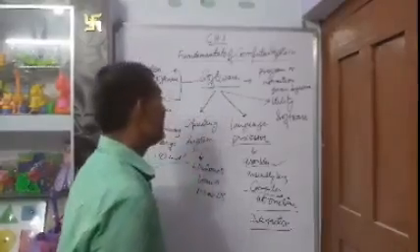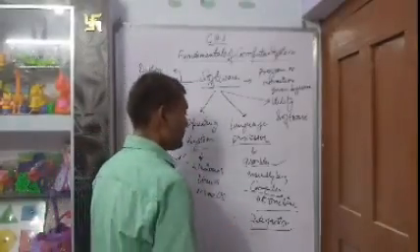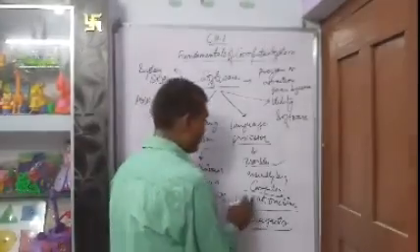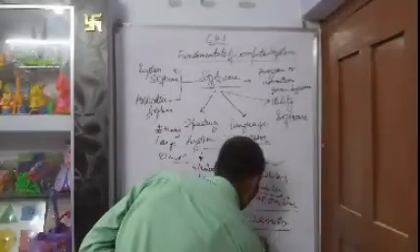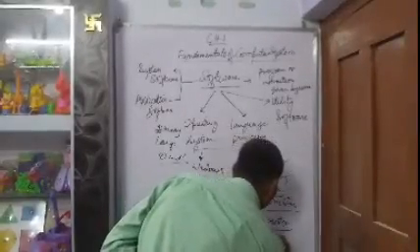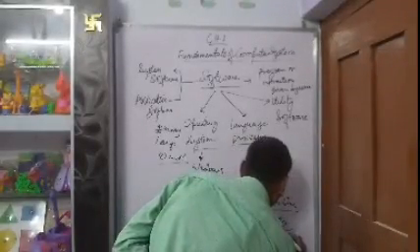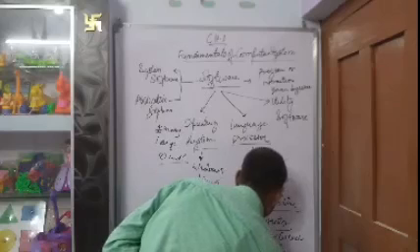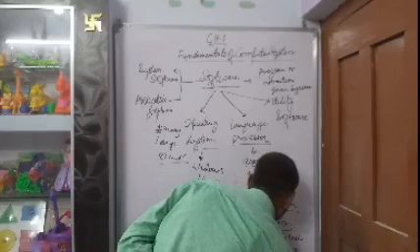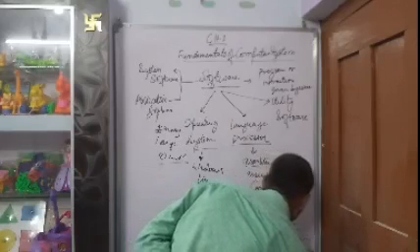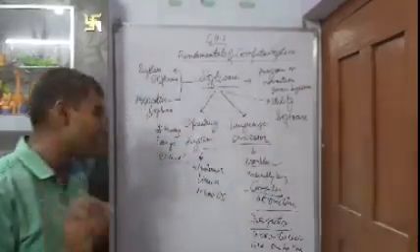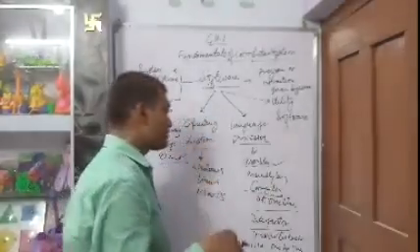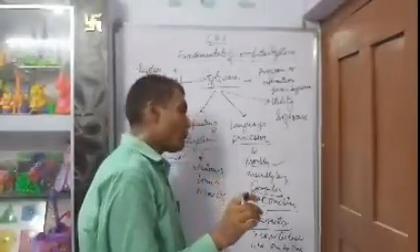The third language processor is the interpreter. It is slower than the compiler because it executes each line of instruction one by one, only one instruction at a time, while the compiler executes all the instructions at one time.